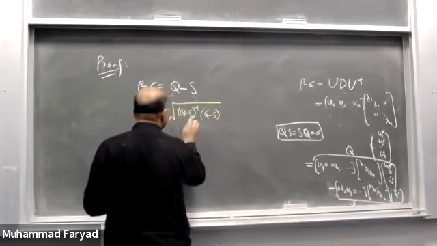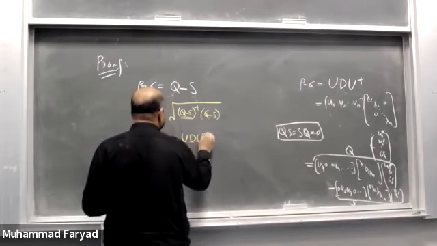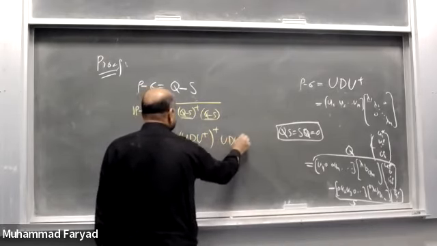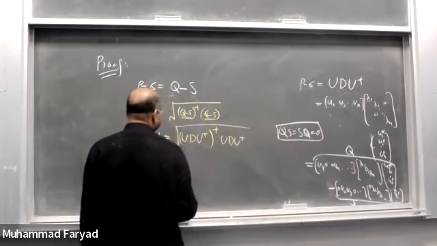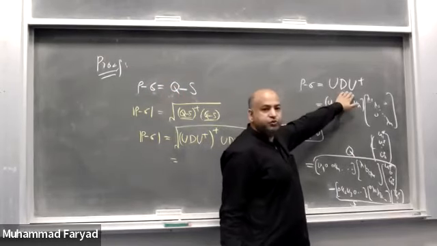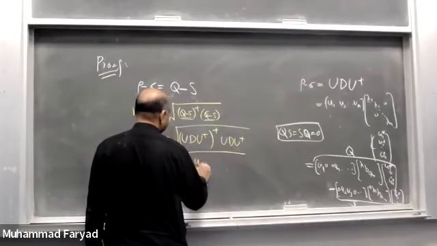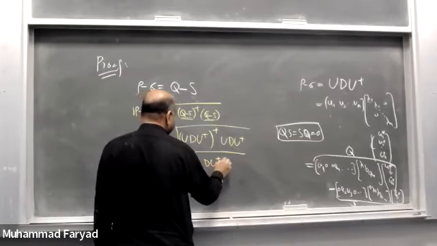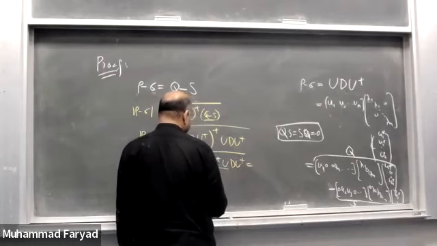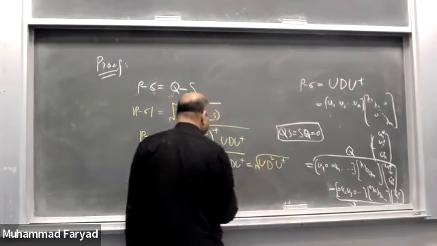So this Q minus S is nothing but Q D U dagger, and this Q minus S is U D U dagger. ठीक है ना? ये जो Q minus S है इसको हमने ये U D U dagger लिखा. So this would be U. This is identity. How do you do D square U dagger?